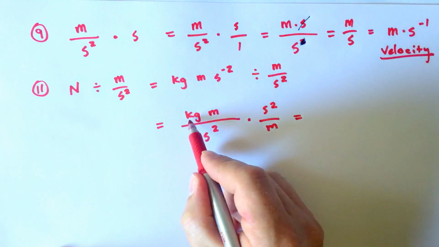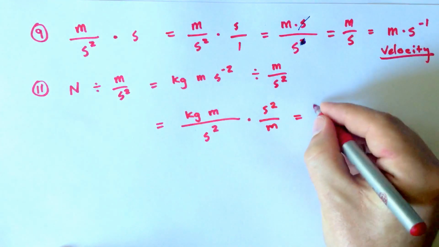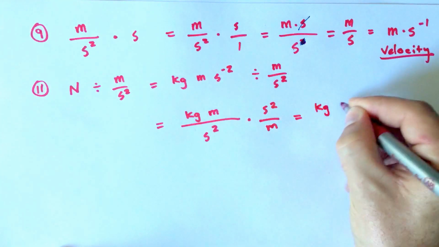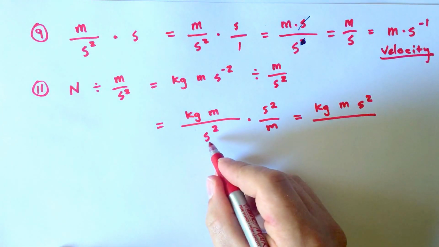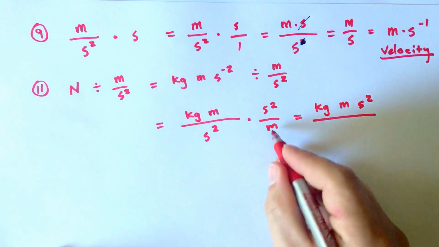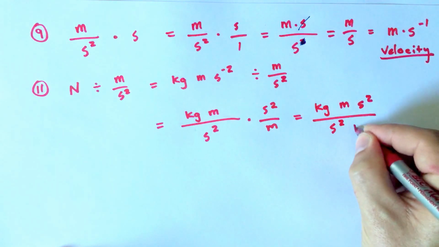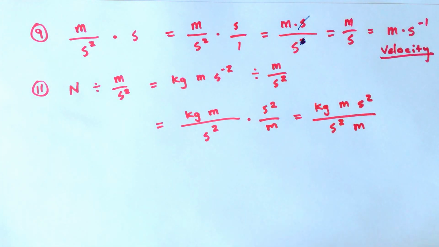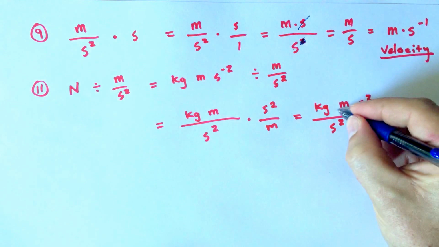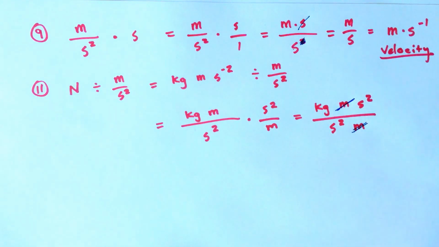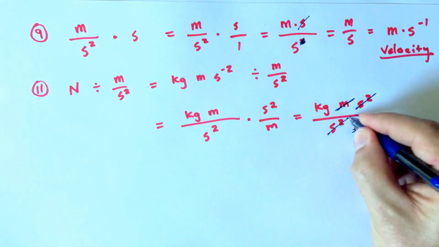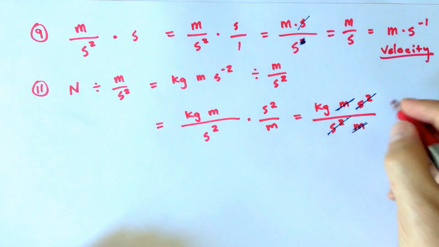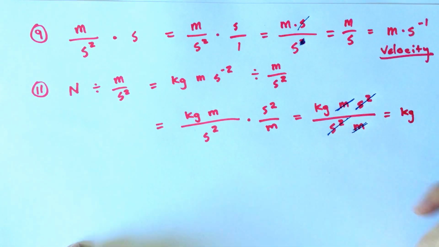This would give me kilograms times meters times seconds squared in the numerator. And in the denominator, I would have seconds squared times meters. And I can cancel some things here. This meters on top cancels with this one on the bottom. These 2 seconds on the top cancel with these 2 seconds on the bottom. And what I'm left with is just kilograms.